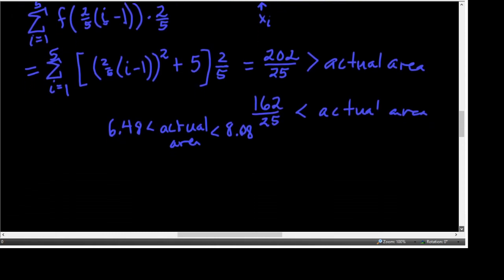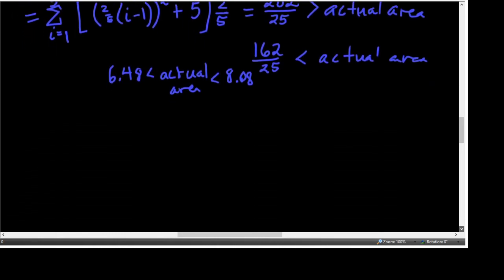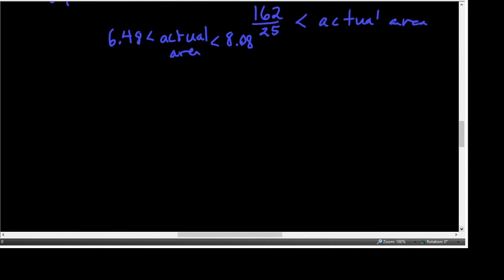Let me move this down a bit. We could have just some generic function, y equals f of x, from x equals a to x equals b. And we want to know the area of this region.